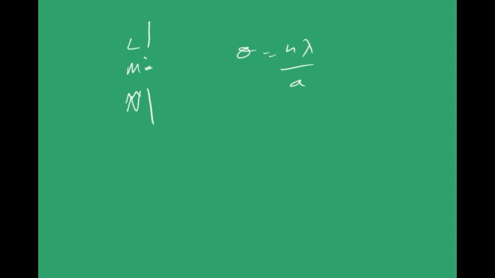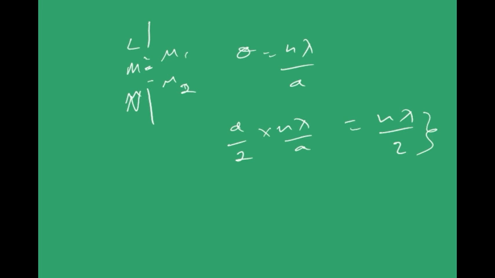Okay, for some point M1, I'll get a point M2 which is at distance a by 2. Then my path difference of those two waves given by M1 and M2 will be a by 2 times theta, and theta is n lambda by a, right? So it will be n lambda by 2. This may correspond to that phase angle which is giving destructive interference, or it may not also. Observe this. If n is any odd number, say 3 or 5, that will give destructive interference.